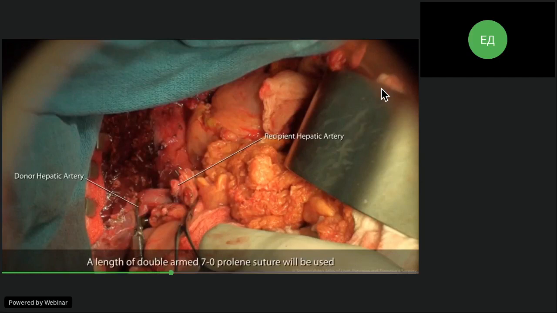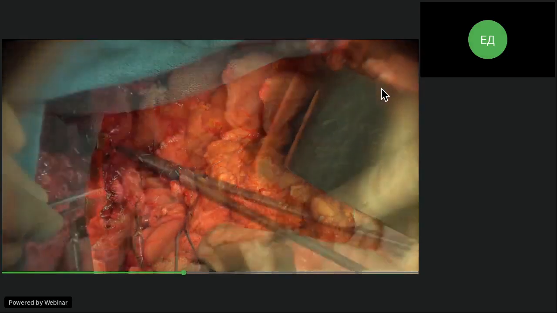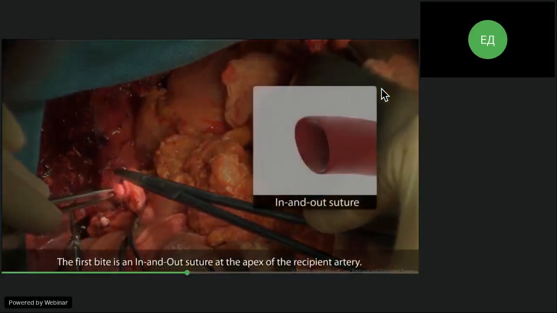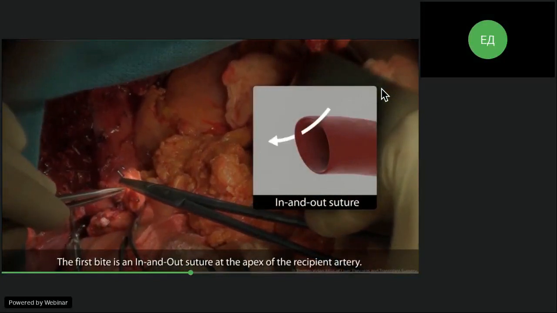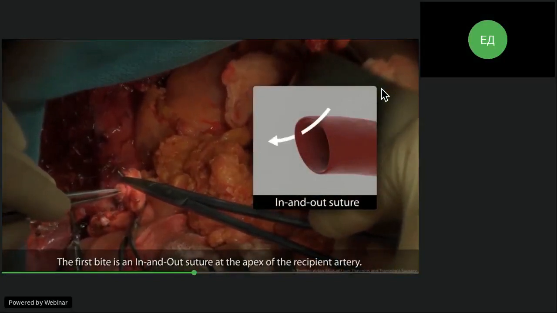A length of double-armed 7/0 purling suture will be used to parachute the orifices of the two vessels together. The first bite is an in and out suture at the apex of the recipient artery.